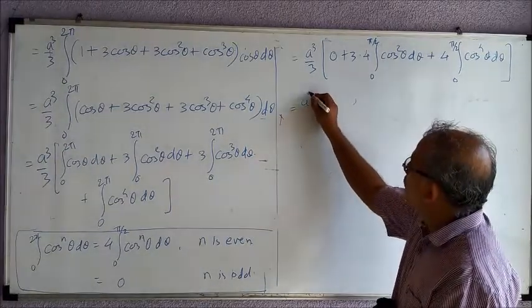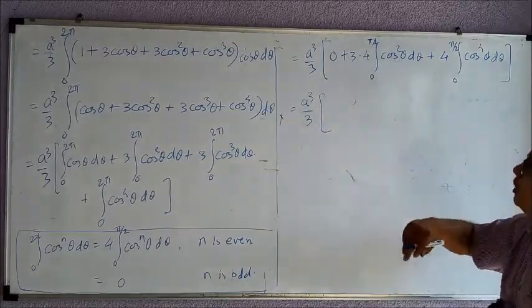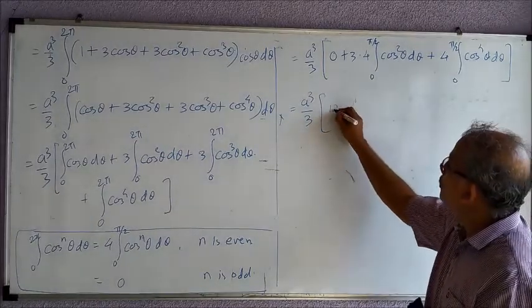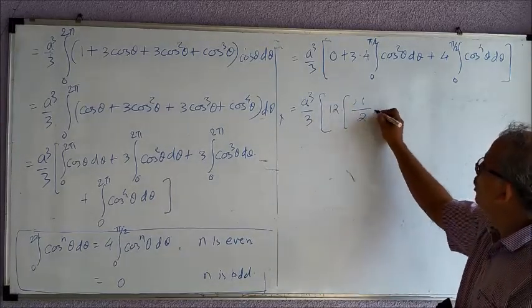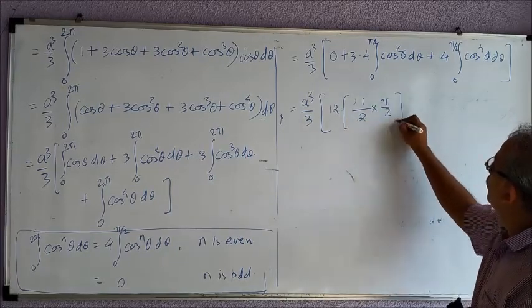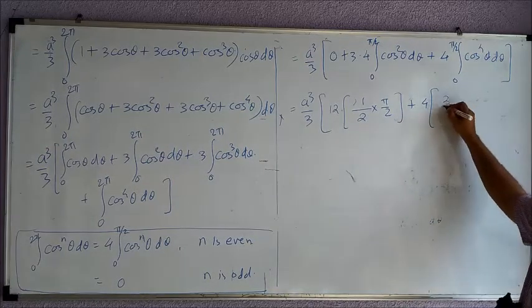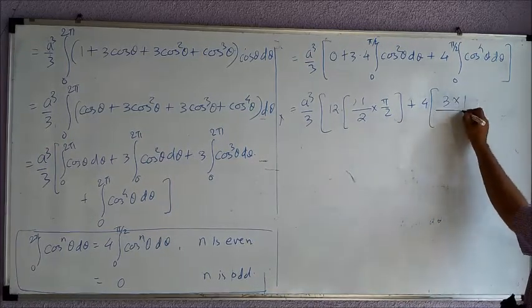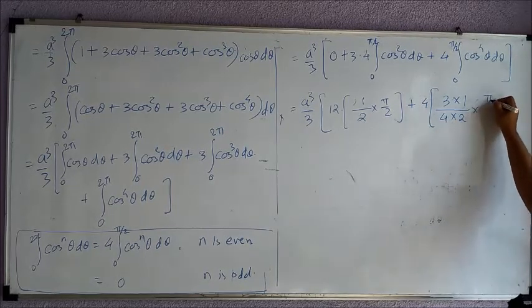We already know the formula for cos raised to n theta from 0 to pi by 2. So this is 12 times, 1 upon 2 into pi by 2, plus 4 into bracket, 3 into 1 divided by 4 into 2 into pi by 2.